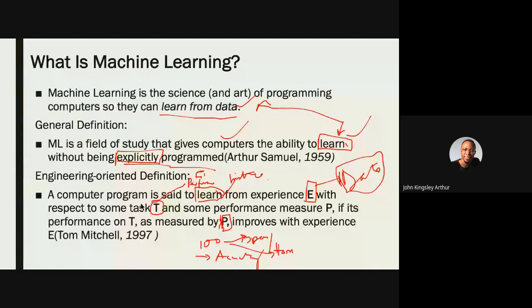All right, so I will repeat myself on this. For machine learning, we should have a learning algorithm which is pre-programmed for you. In this case, it will come in the form of a library.